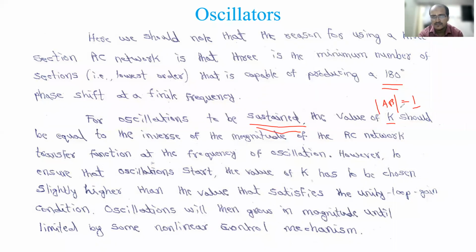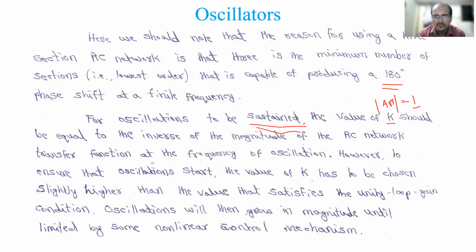Even in the rectifier example, the theoretical value of the ripple factor and the practical measurement show a little difference, and that happens normally in electronic circuits. Oscillations will then grow in magnitude until limited by some nonlinear control mechanism.